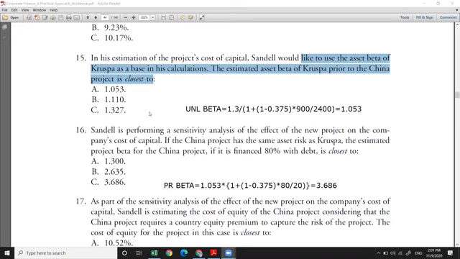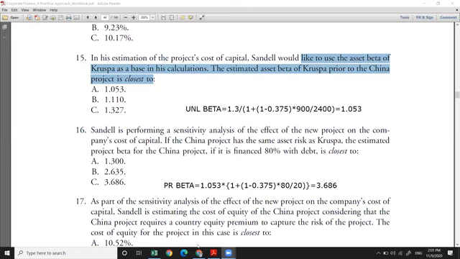So the cost of equity for the project is closest to, now we need to find the cost of equity itself using the CAPM model. We'll substitute everything into the CAPM. The risk-free rate is given, the project beta is found, and the country equity premium is given as well. So we need to consider the country equity premium to capture the risk for the project, okay?